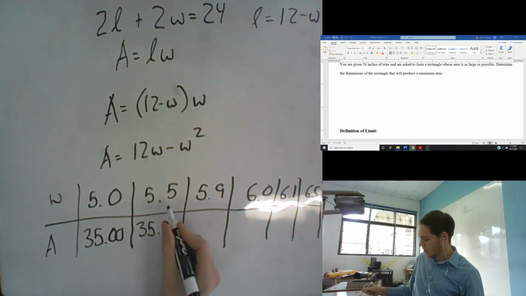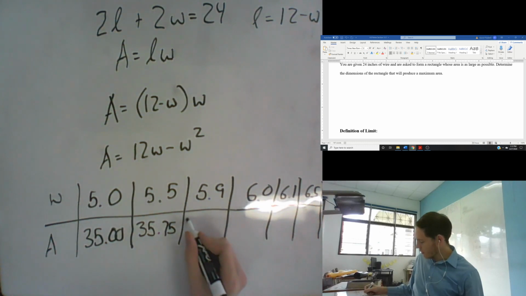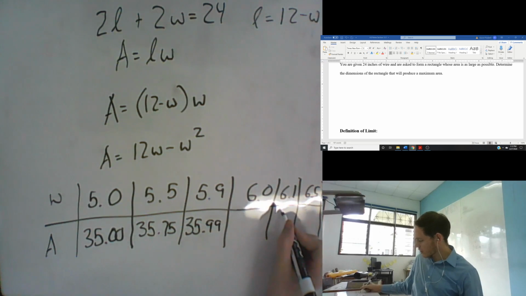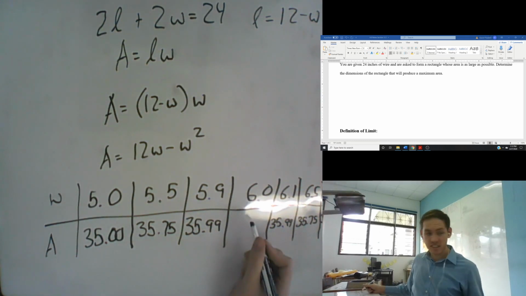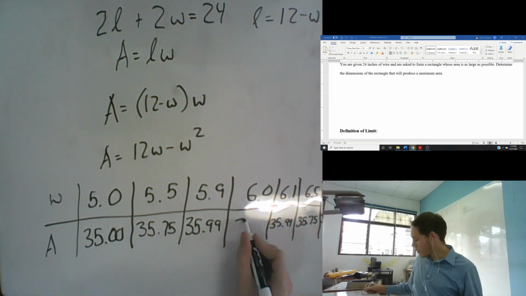We're just plugging it in. 5.9 is going to give us 35.99. If we look at 6.1, if we plug that in, we get 35.99. 6.5, we get 35.75 and 35. So we find out that 6 is actually going to be our max.